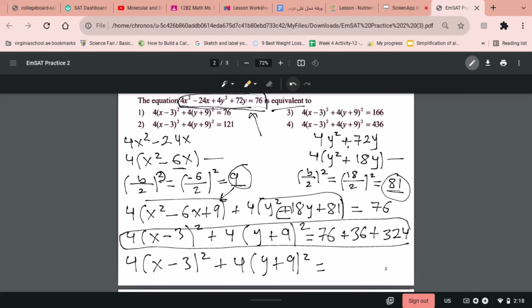Let me add it into the calculator, just a minute. We got 436. This should be the final answer. We look back to the 4 choices. The last one, the same square form equal to 436, which is right.